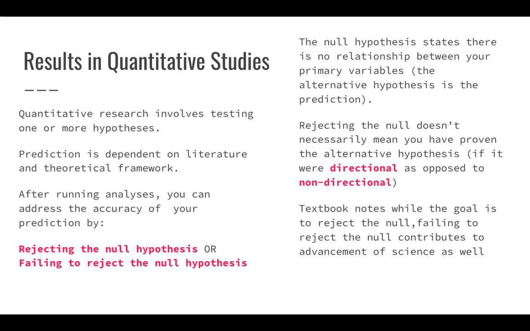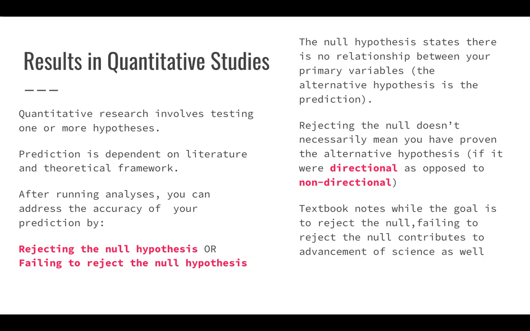And you formulate these hypotheses, your alternative, and then your null hypothesis, of course, just states that there's no relationship at all between your primary variables. And so then once you collect your data and you run your analyses, you can then address the accuracy of your prediction. And the textbook talks about how you do this in terms of either rejecting the null hypothesis or failing to reject the null hypothesis.